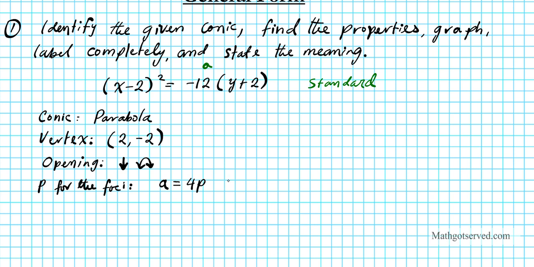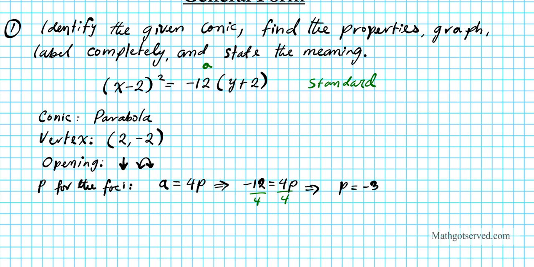So a equals 4p, which implies that our a value is negative 12. Negative 12 equals 4p. If I can solve for p, that will be the p of the focus that I'm speaking about here. So we divide both sides by 4, and that yields p equals negative 12 over 4, which is negative 3.